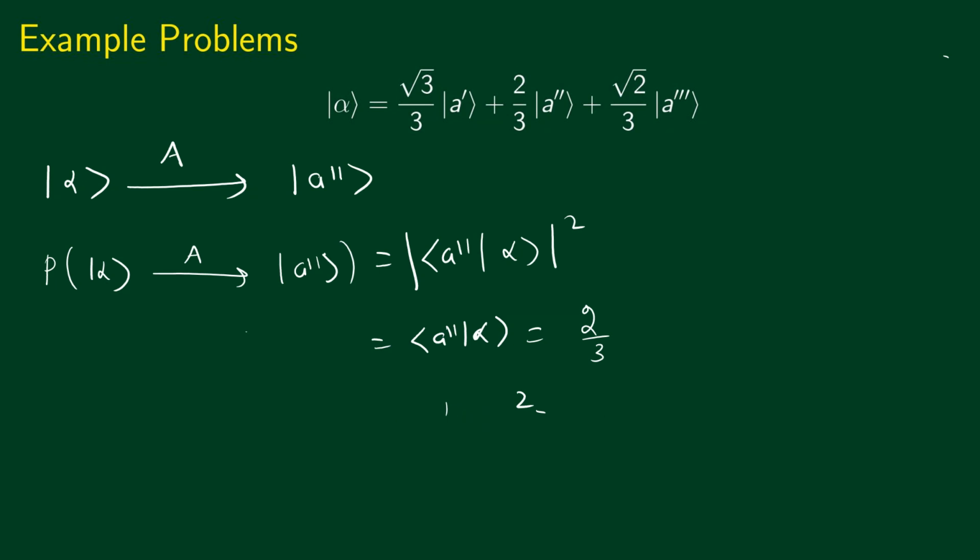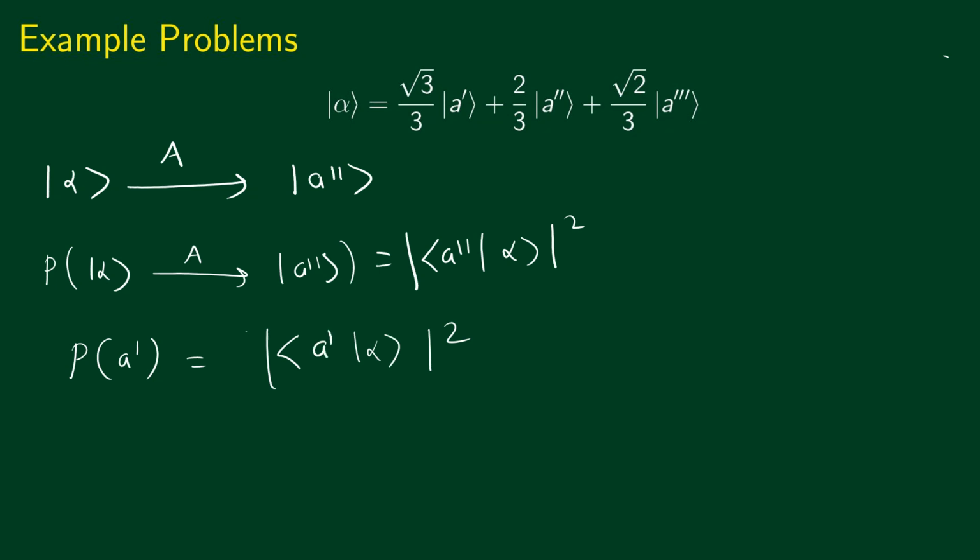Now maybe I'll just explain a little bit further. Another way of saying this is that if the state has changed to ket A double prime, that means that the measured eigenvalue is A double prime. So the probability of measuring an eigenvalue A prime is given by the modulus square of the projection of ket alpha onto the corresponding eigenket, the eigenket corresponding to the eigenvalue.